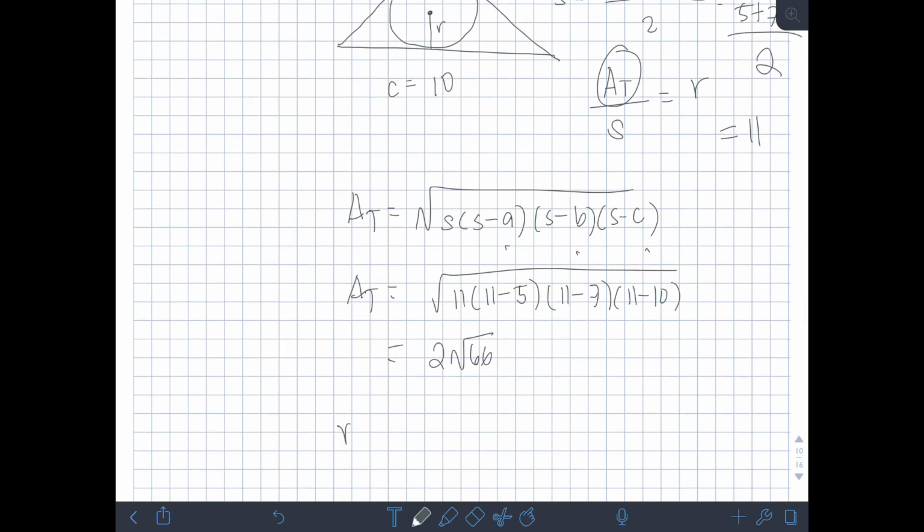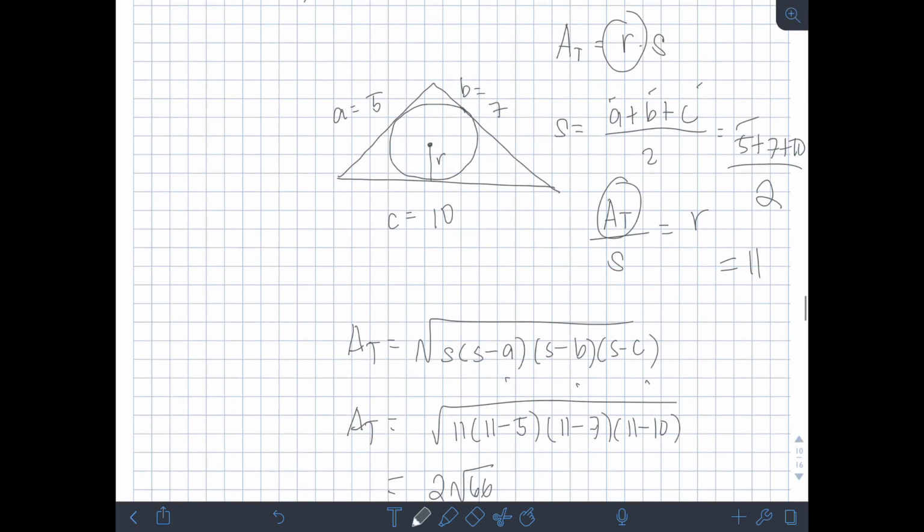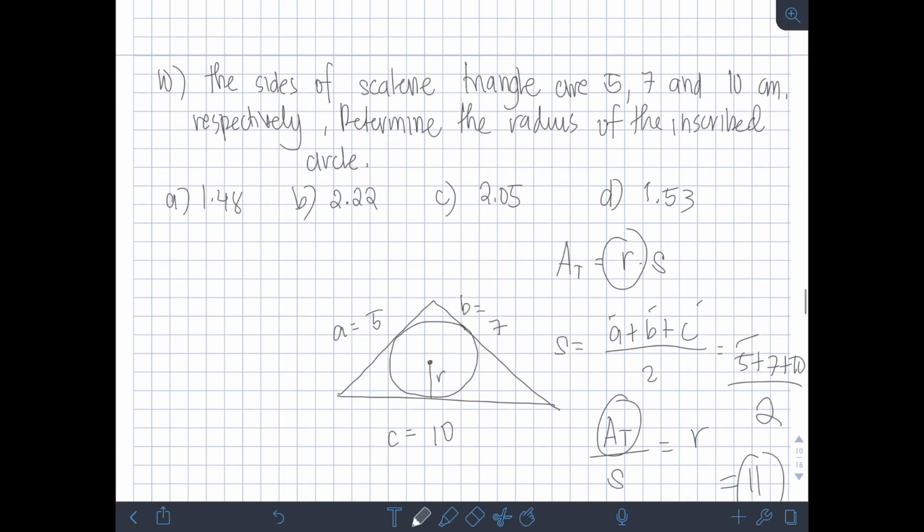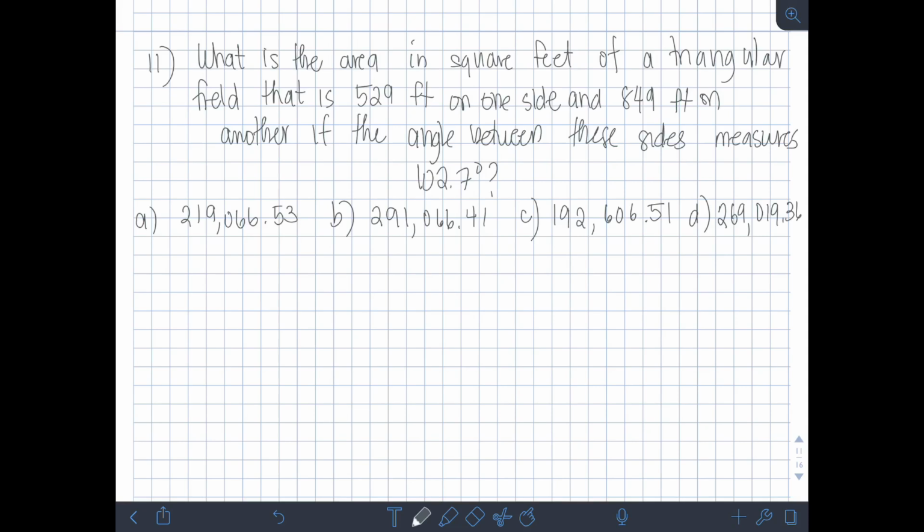So, therefore, yung R is equal to area ng triangle over S. So, 2 square root of 66 over S, which is yung 11. So, the answer is approximately 1.48. So, letter A.